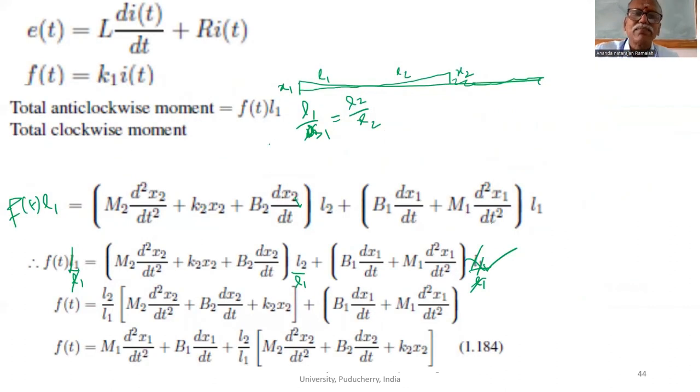Wherever you find x1, that can be replaced using L1 upon x1 equal to L2 upon x2.